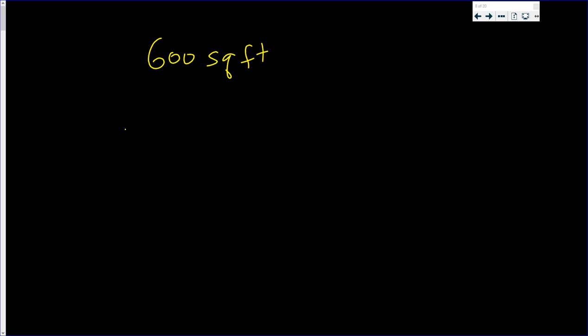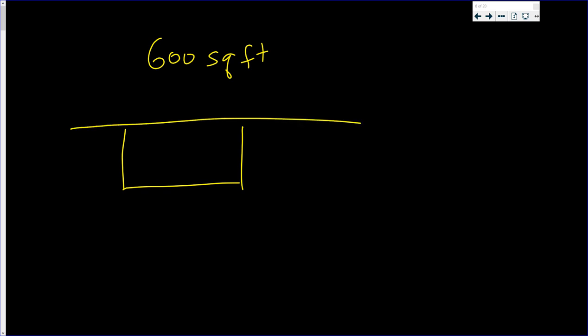Really simple. So, you're going to build something like this. You have this wall here, so you're only going to put fencing here, here, and here. Now, 600 feet. 300 of them are going to go for vertical, and the other 300 feet are going to be used for horizontal fencing.